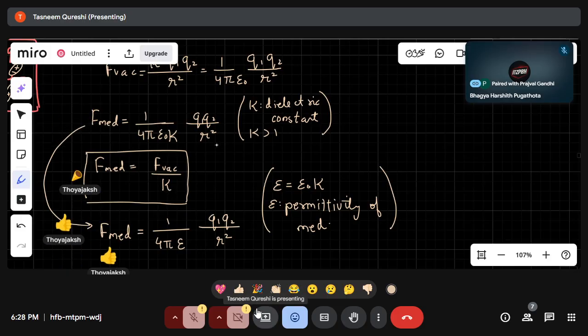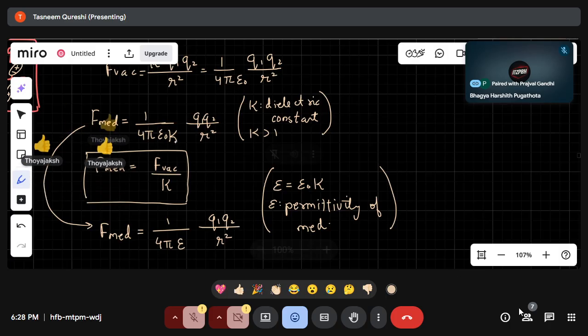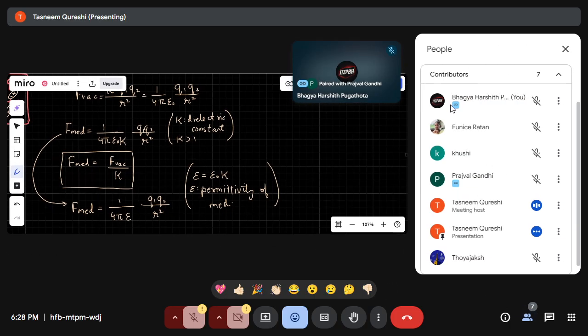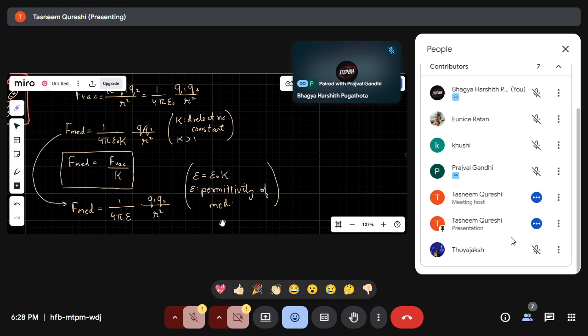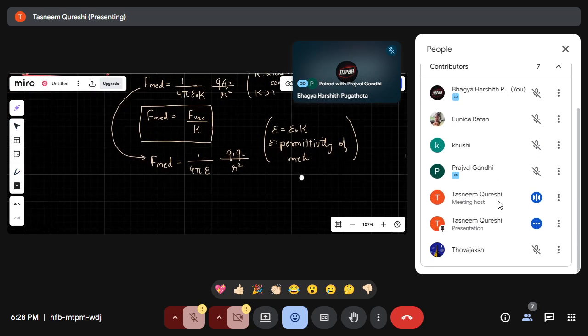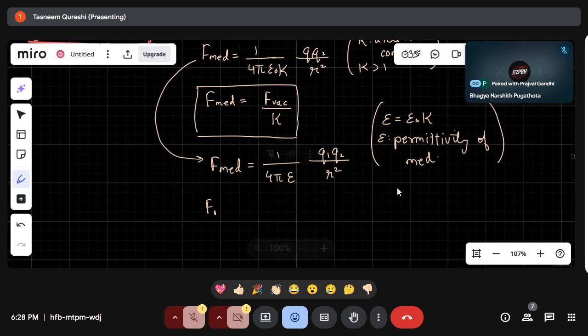So the way we write it is with epsilon naught you need to write a K, or you can write it like this: epsilon naught into K is just epsilon. One more way to write it: instead of K you can write epsilon R. Whenever you see it in some book, you should not feel that you have not learned it.